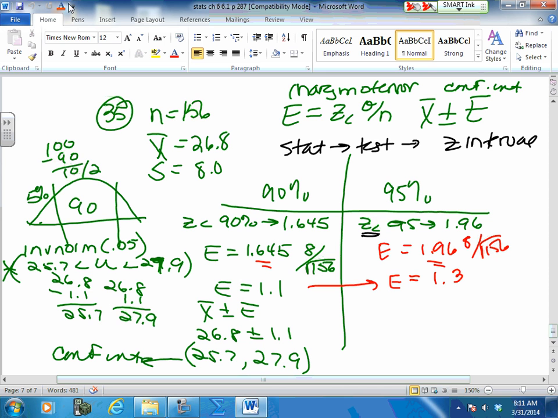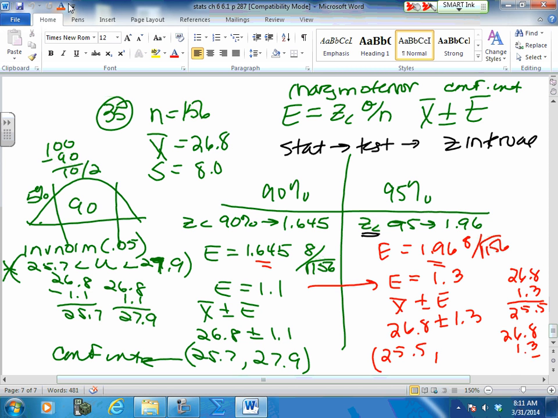Now, notice that's where your increase is. X bar, so 26.8 plus or minus 1.3. 26.8 minus 1.3. So 25.5 is my lower end. And 26.8 plus 1.3, so yeah, we'll just round it.